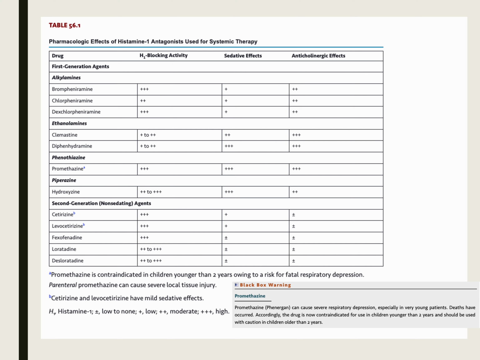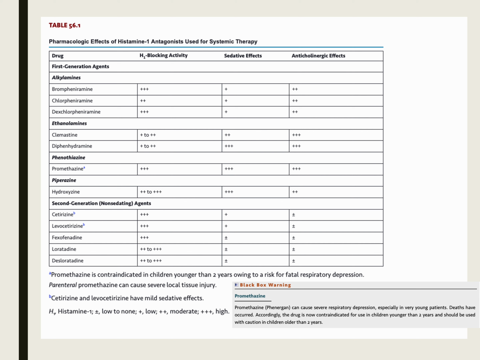You can see here that the blockade activity of H1 is noted by the amount of plus signs, and the blockade is actually happening in larger amounts for some of these first generation agents than others, and also the second generation agents.